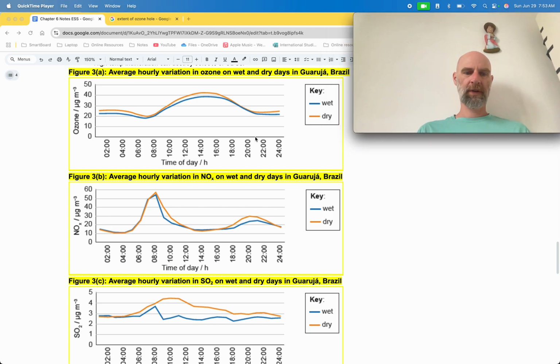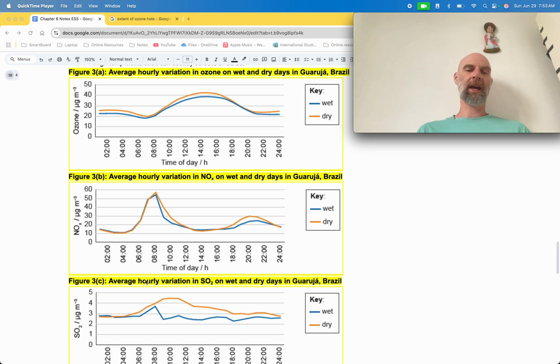All right. Figure 3A, average hourly variation in ozone on wet and dry days in Guarujá, Brazil. Keep in mind, in yellow, if you're in my class, I don't expect you to copy it down. Now, this is average hourly variation in nitrous oxide on wet and dry days in Guarujá, Brazil.